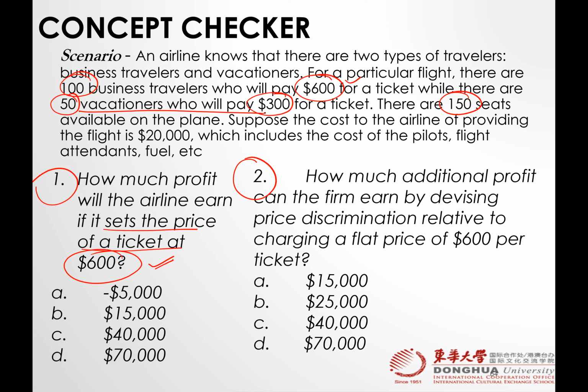So how much is the profit? 100 multiplied by 600, the answer is 60,000. And what is the cost? 20,000. So minus 20,000, the answer is 40,000. Not D. It is C. Everybody understand that?